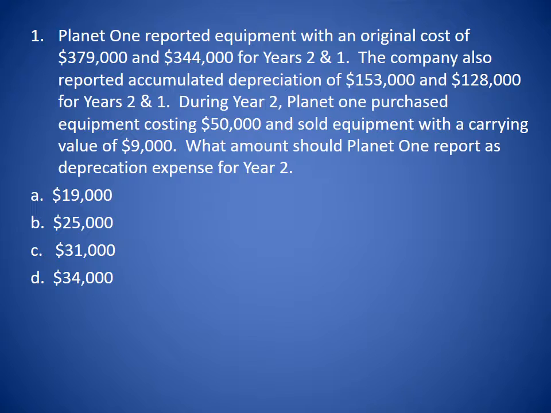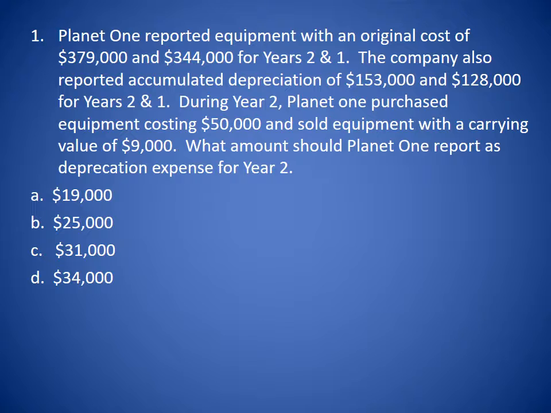Planet One reported equipment with an original cost of $379,000 and $344,000 for years 2 and 1. The company also reported accumulated depreciation of $153,000 and $128,000 for years 2 and 1, respectively. During year 2, Planet One purchased equipment costing $50,000 and sold equipment with a carrying value of $9,000.